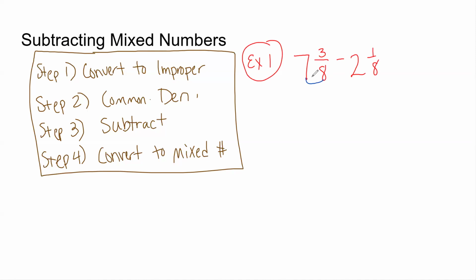Okay, so we do 8 times 7, that's 56. Hold that in your head, plus 3, so that would be 59/8 minus 2 times 8, that's 16. Hold that, plus 1, so that's 17/8. So we're at the blue. They already have a common denominator. We're simply going to keep the 8 and subtract across the top, which would be 42.